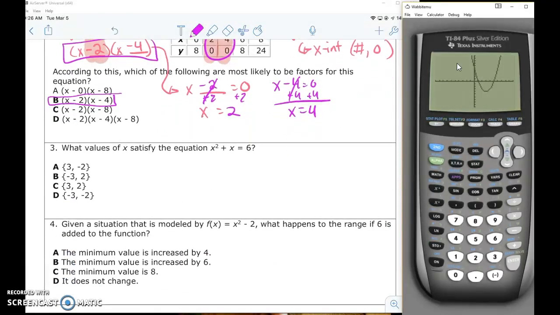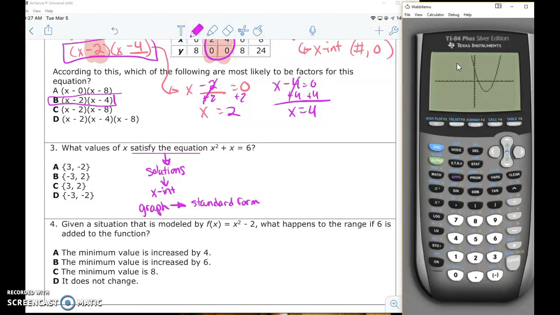Number 3, what values of x satisfy the equation x squared plus x equals 6? When we're looking for what values of x satisfy the equation, we are looking for the solutions. And remember, solutions is another word for x-intercepts. So I can graph this in my calculator. However, in order to graph, we need to be in standard form.